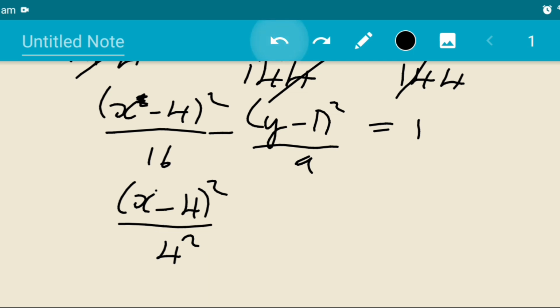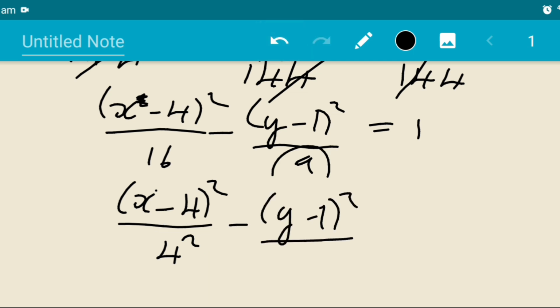Then we say minus y minus 1 squared over 9, which will be 3 squared. This here will be a 1. So this here is the standard equation.